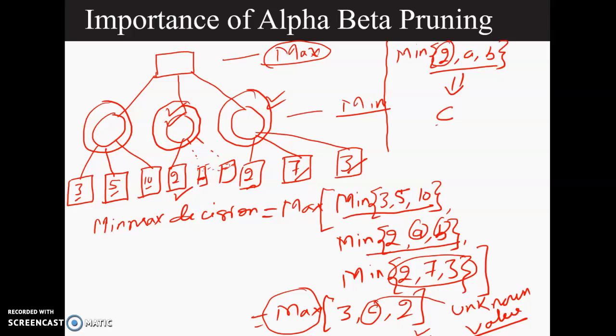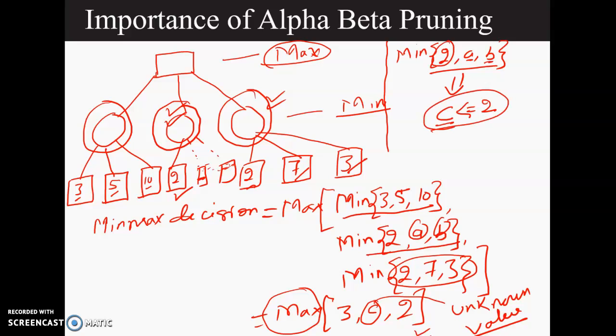So it means that C is less than 2 or it is equal to 2. Because we have not selected 2, it means that these two values A or B may be either less than 2 or equal to 2.